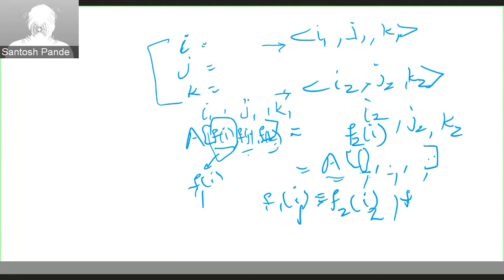What we did was take two iteration vectors, I1, J1, K1, and find the array index expressions for this A in each of these dimensions. So, for example, function 1 of I could be 2I plus 1. That could be one kind of function.